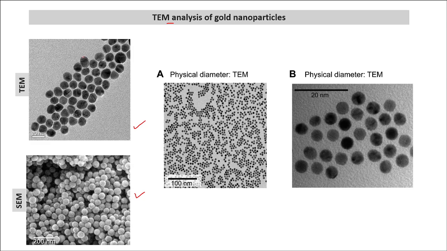But here you can simply see the dimensions. You can get a more accurate, or I would say better resolution of these dimensions, and see what the shape is in 2D.